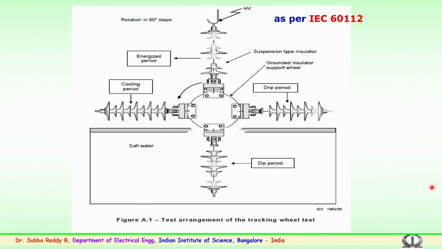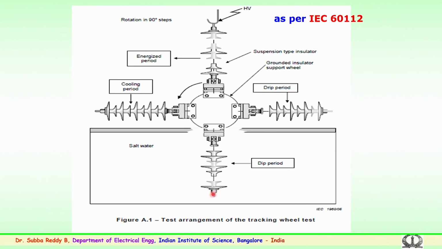This is as per the IEC 60112 standard, and it clearly shows the 4 insulator samples. All these are fixed to a mechanical arrangement. This is a tank where the contaminant, or water of specified conductivity, is placed.